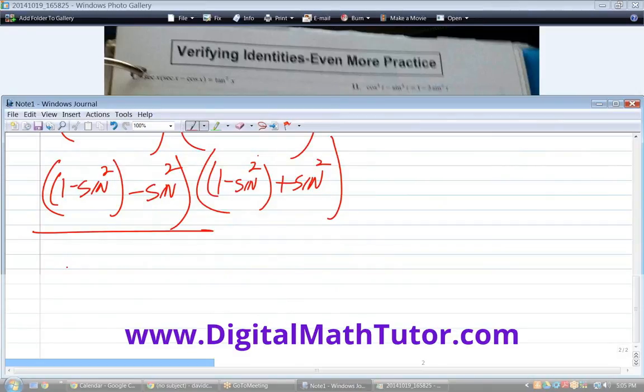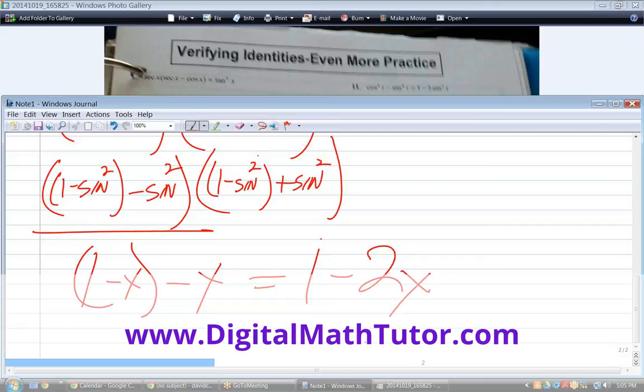No. When you subtract sine squared minus sine squared, you do not get sine to the fourth. You get 2 sine squared. In other words, this is no different than algebra. If I had 1 minus x, that's equal to 1 minus 2x.